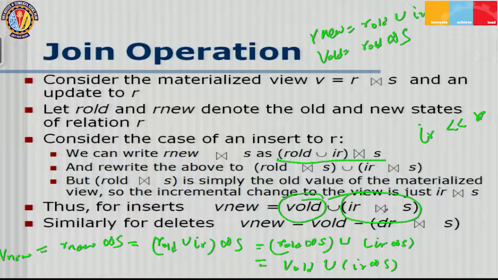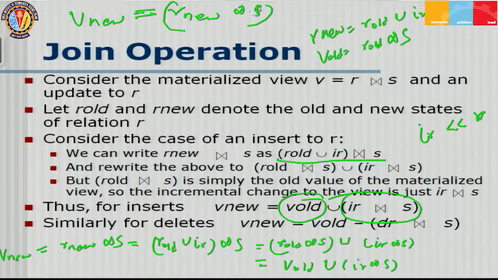So V old union IR join S is equal to V new. So the new view is computed in this fashion, and this you can see is much cheaper than doing something like this, R new join S. That means I insert some records into R, come up with R new, and then join it with S to come up with V new.